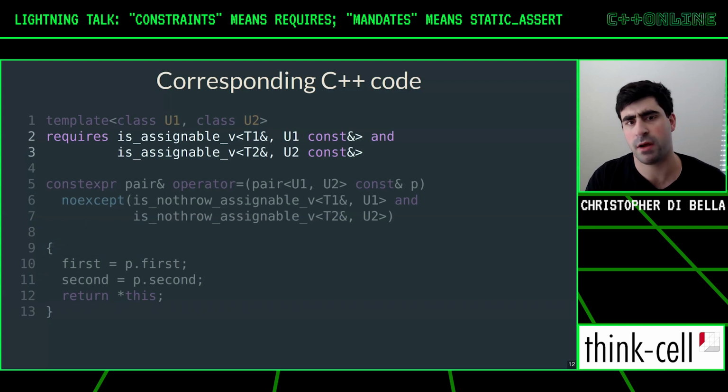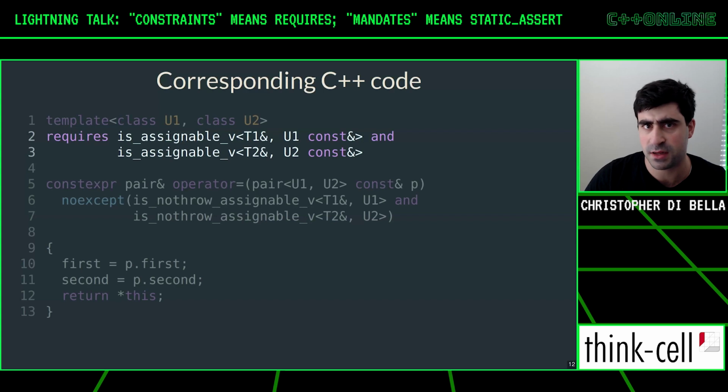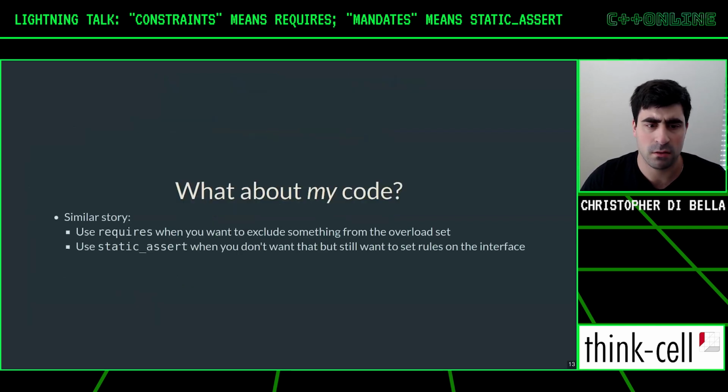Now you might be wondering, okay, that's great, you've got these two tools. Sometimes the standard says constraints, and I can use requires for that. And sometimes it says mandates, and I can use static assert for that. But what about my code? When should I be using them? My advice here is to use your intuition.